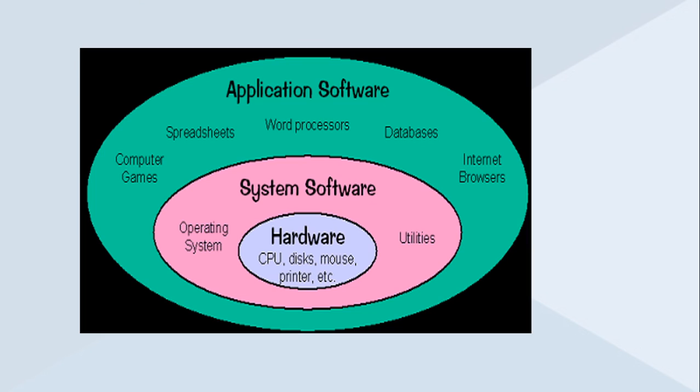We can run all these with the help of the system software. With the presence of system software, all these application software can make use of various kinds of hardware of our computer system.